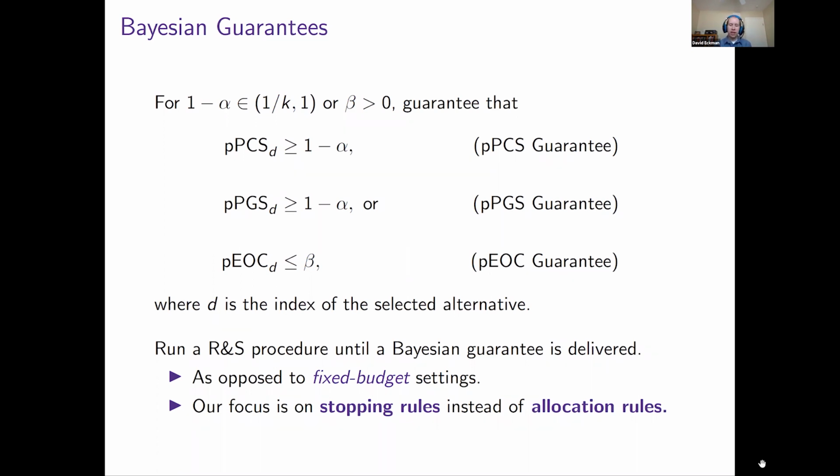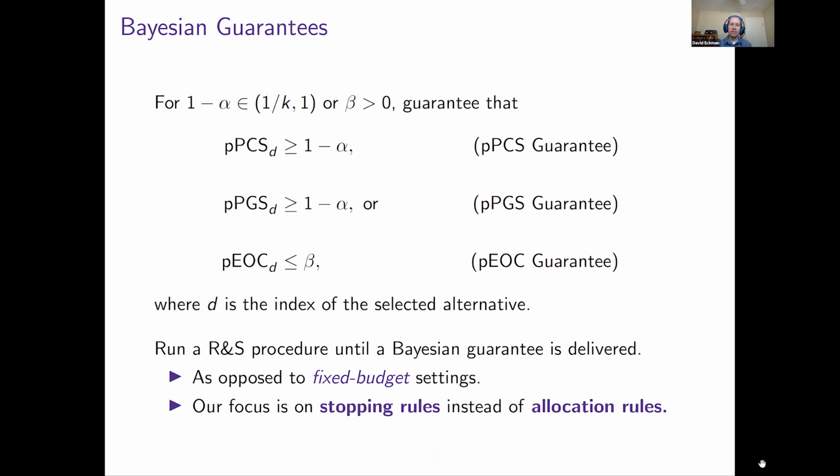What's often studied in the fixed budget case are allocation rules. These are ways to tell you where to take samples from next, essentially which solutions or alternatives you should simulate next. And there, the emphasis is often on coming up with allocation rules that are in some way asymptotically optimal.